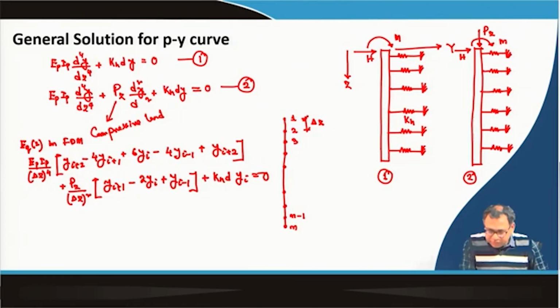Now, this equation we have to apply on all the nodes. Here you can see there is a term i plus 2 and there is a term i minus 2 also.